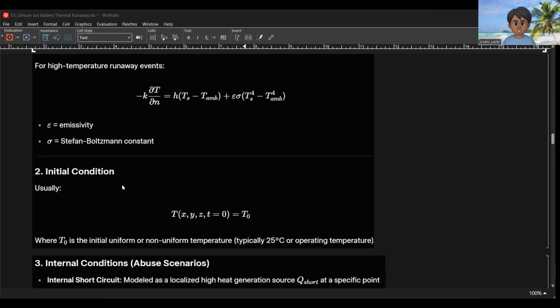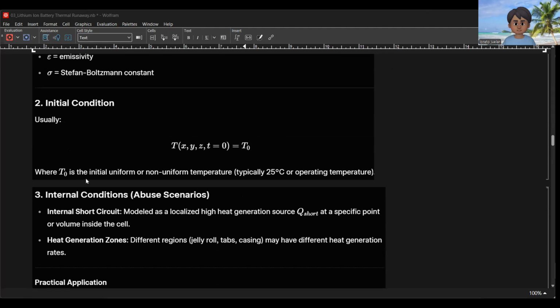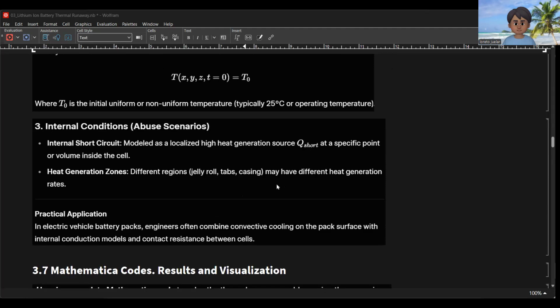We have the initial condition. Usually, we have the temperature as a function of x, y, z. If the time is equal to 0, this is the initial temperature, where T sub 0 is the initial uniform or non-uniform temperature, typically 35 centigrade or operating temperature.